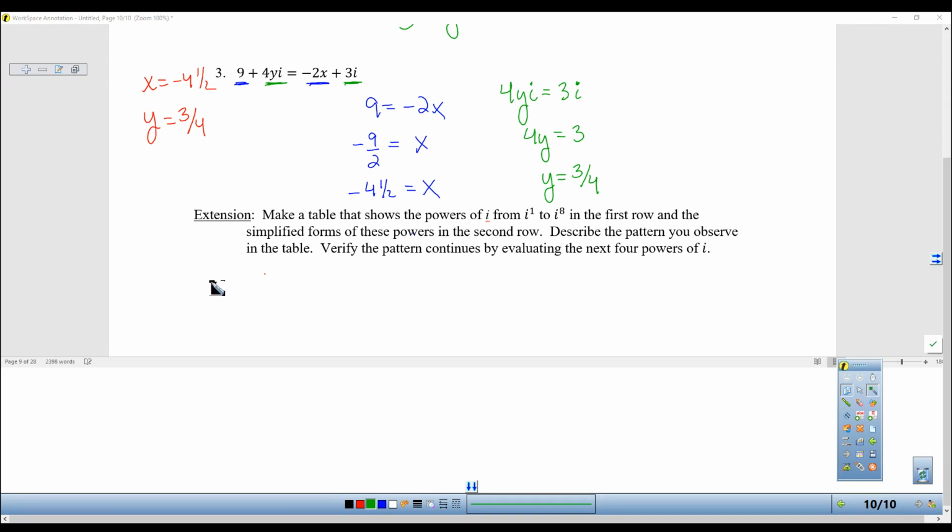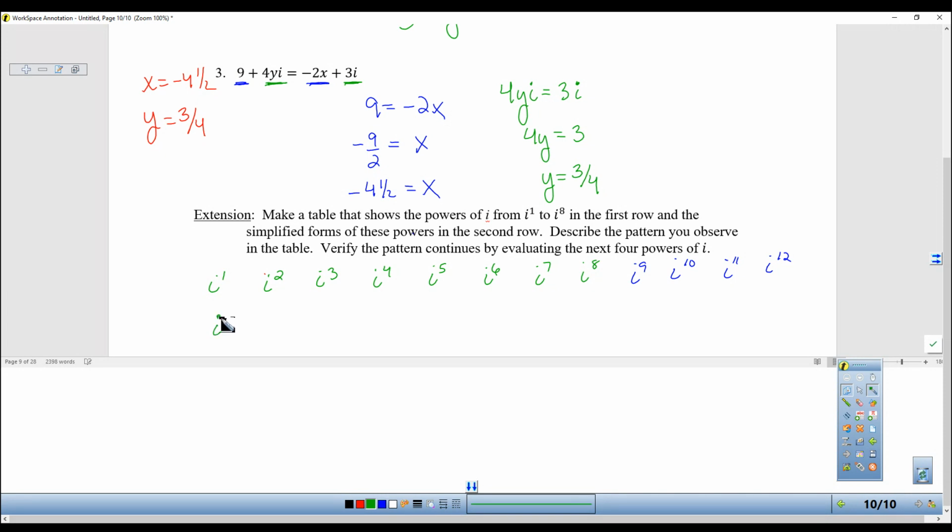So i to the first, i squared, i cubed, i to the fourth, i to the fifth, i to the sixth, i to the seventh, and i to the eighth. And then our prediction is going to be with the next 4 powers, and we'll see if we can figure out the pattern. So i to the first can't be simplified.